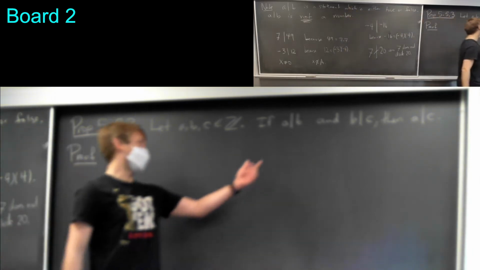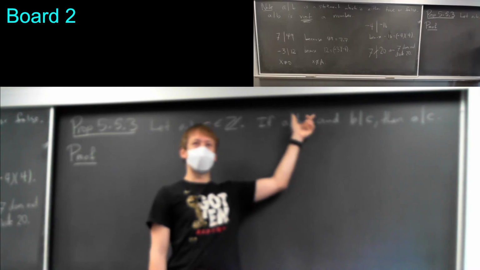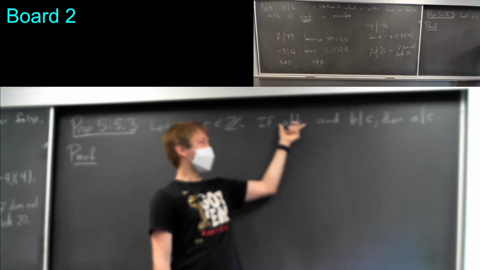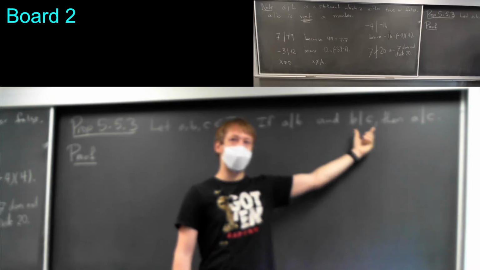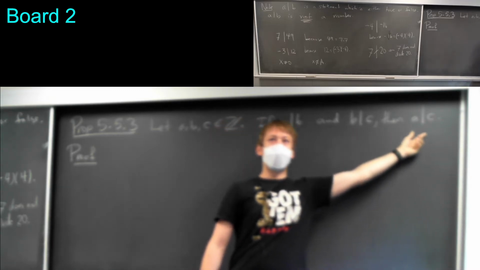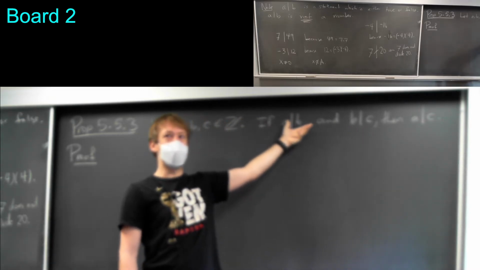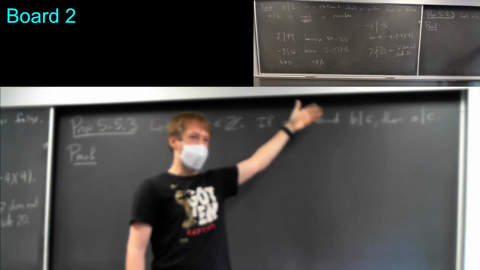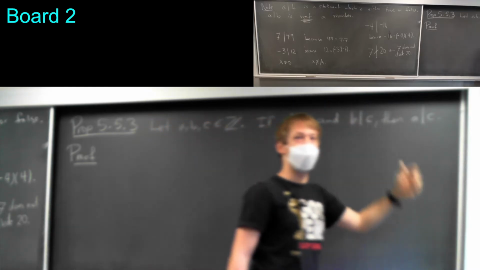Note that these are statements, right? So this is saying this statement and this statement logically implies this statement. In particular, these are not numbers. This would make no sense if I wrote a over b and b, that wouldn't make any sense, right?